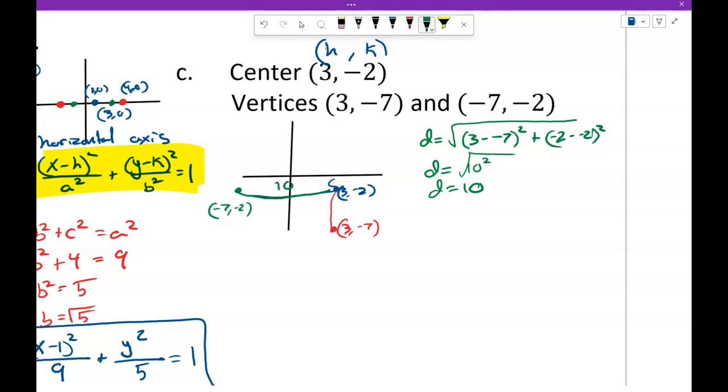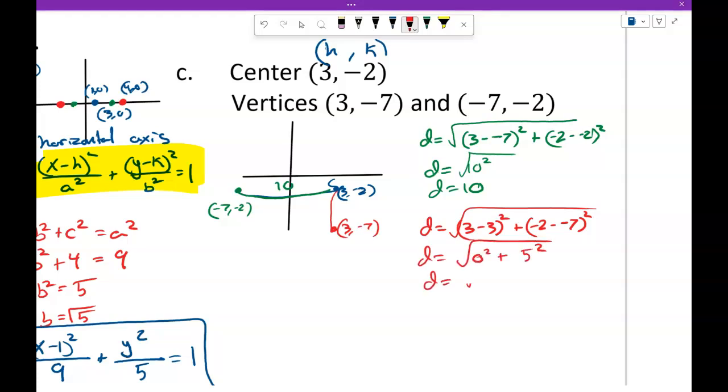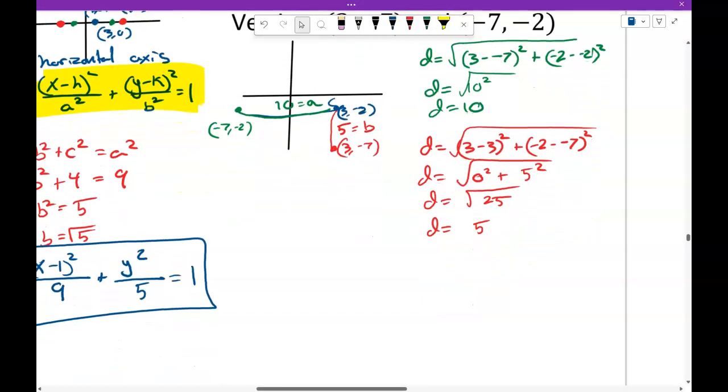Then to find the distance between the other 2 points, the difference between the x values squared and the y values squared, the other distance is 5. Since this shorter distance is 5, that's the value of b, and the larger distance is 10, that's our value for a, and that means that's also our major axis.